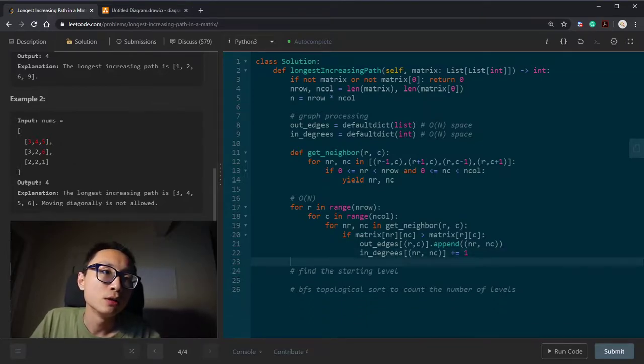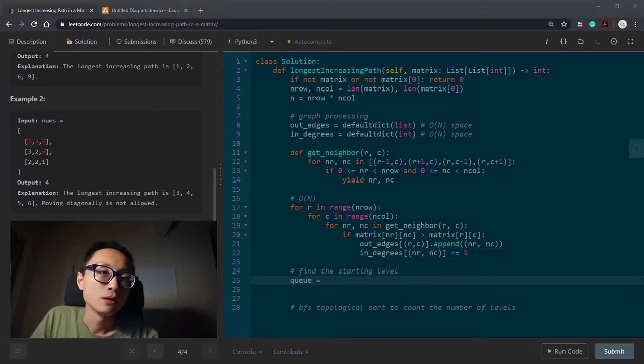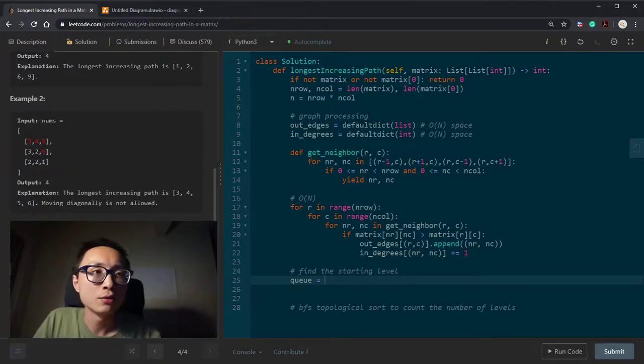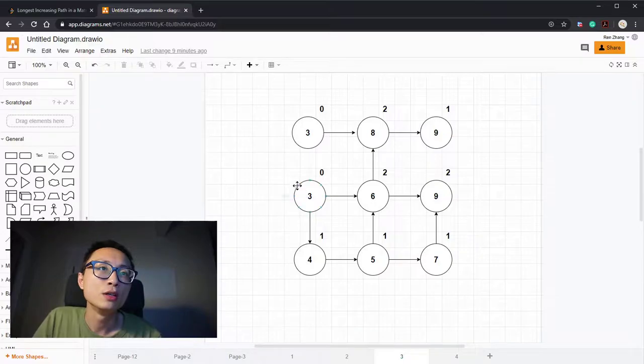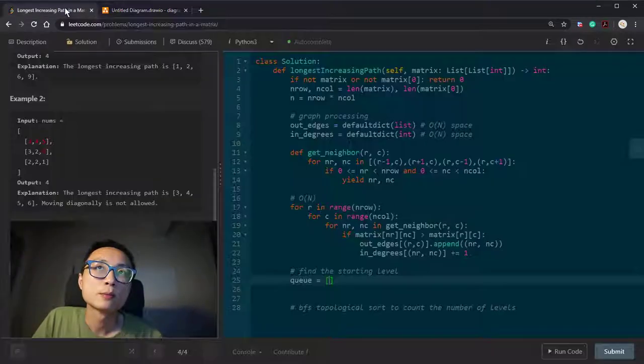With this we can try to find the possible starting positions. We define this as a queue, and it's going to be the locations inside this matrix where the in degrees is 0.